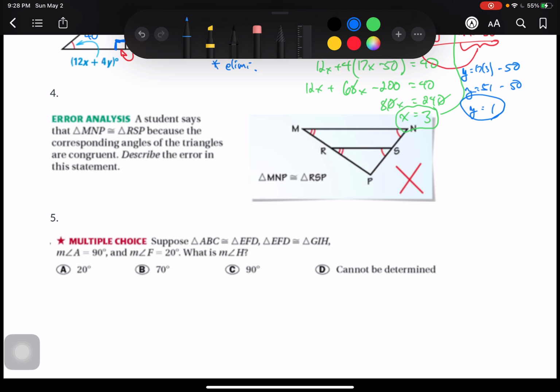Student says that triangle MNP is congruent to RSP because the corresponding angles of the triangles are congruent. Describe the error in this statement. Well, it's not like what he said is wrong. The angles are congruent, right? And this one is shared, so of course it's congruent via the reflexive property.